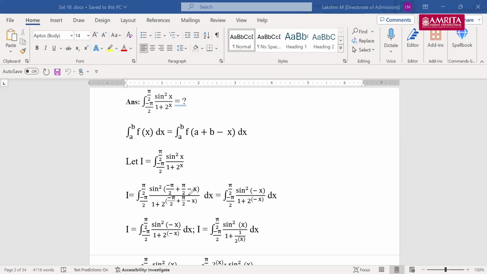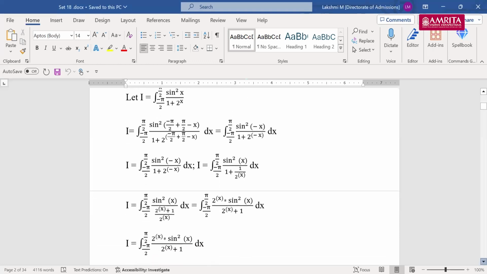So this is something like sine square of minus x by 2 raised to minus x. This is 1 plus 1 by 2 raised to x, and this is minus sine square x. So you have to rearrange these terms. Now you have started typing, it's pi by 2, it's pi by 4. Okay, completely fine. We'll just check it.